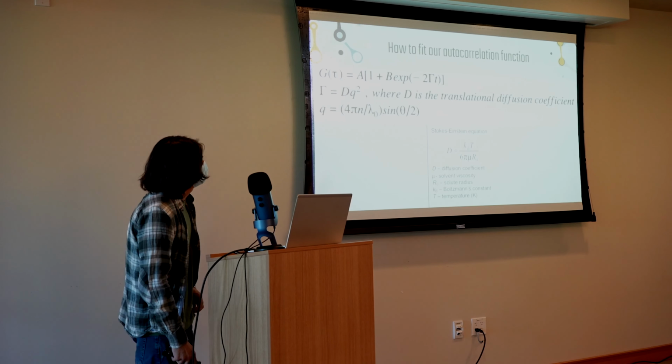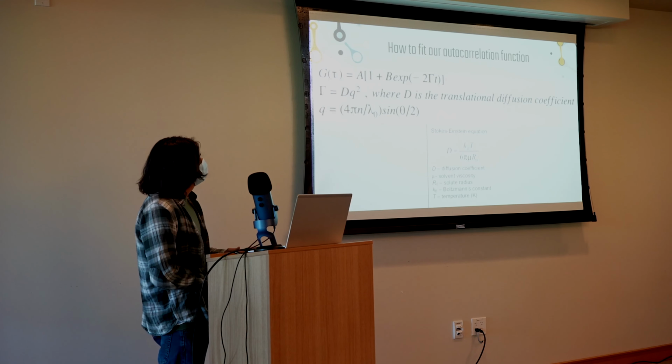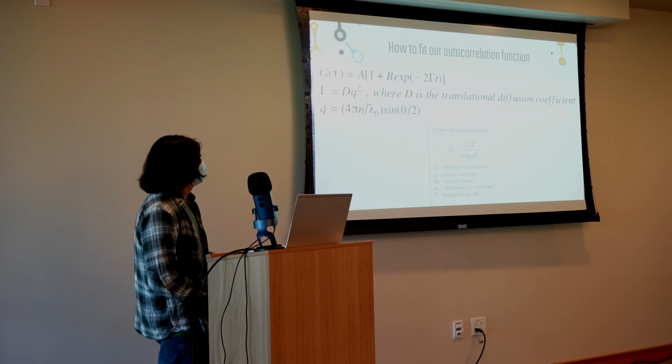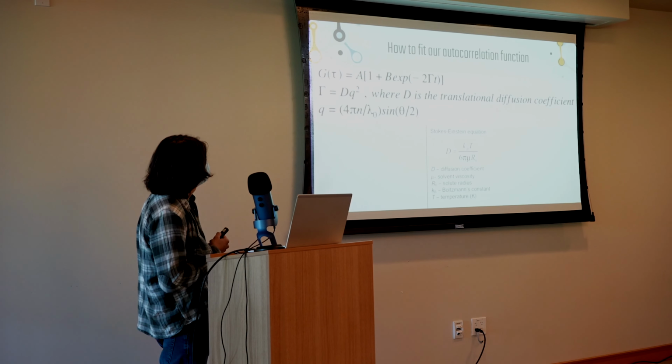So how do we fit our autocorrelation function? Well, our A and our B are both our amplitudes, and our decay is occurring exponentially, as you can see up here.